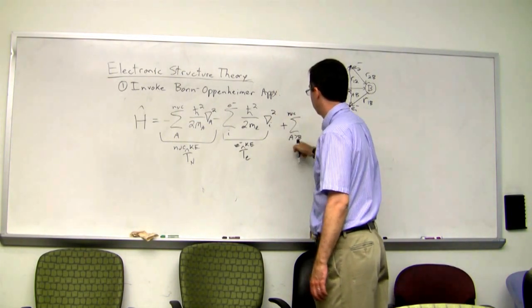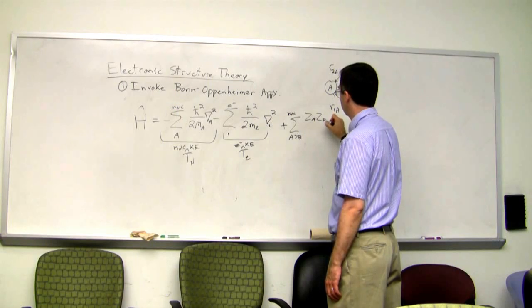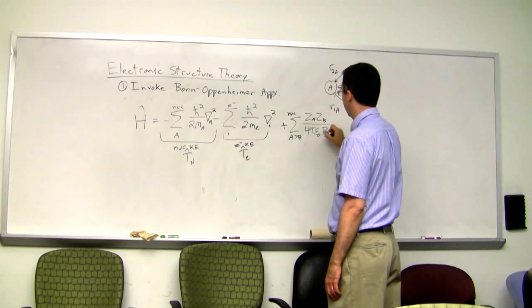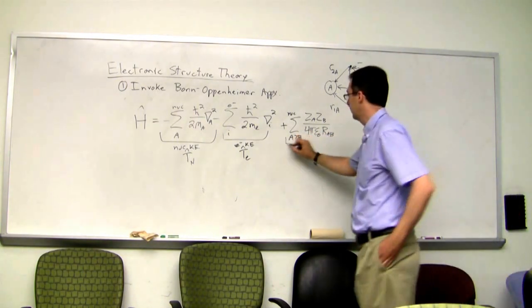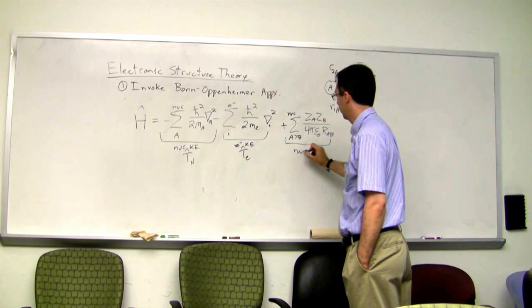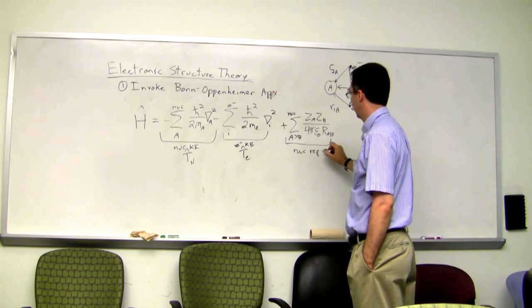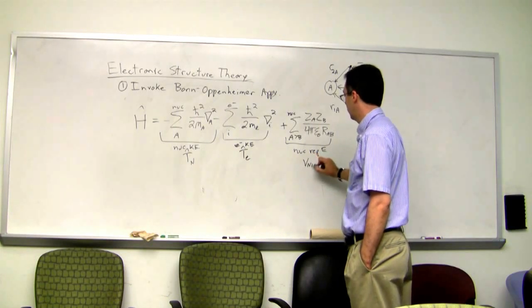It's the charge on nucleus A times the charge on nucleus B divided by 4 pi epsilon naught RAB. All right, that's the nuclear repulsion, or sometimes just called the nuclear repulsion energy. And we might call that VNN.